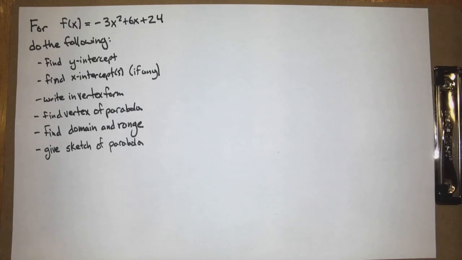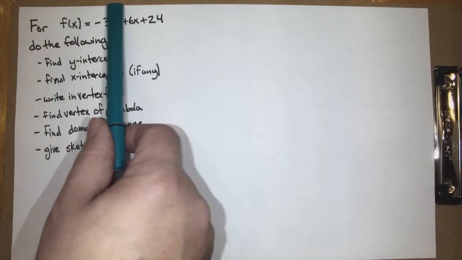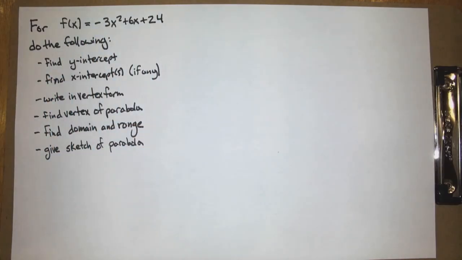Now, there are some things that we get automatically. Without doing any work, can you tell me, once we get to our sketch, will this be opening up or opening down? And how do you know? Down. How do you know? Yeah, the coefficient of the x squared. That dominates the behavior. You see, it's negative, going down.